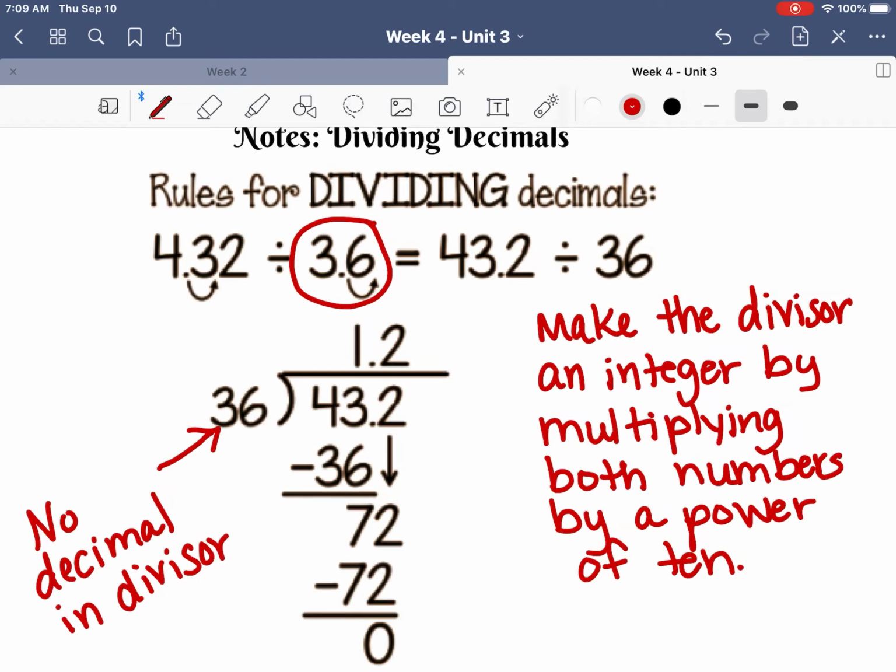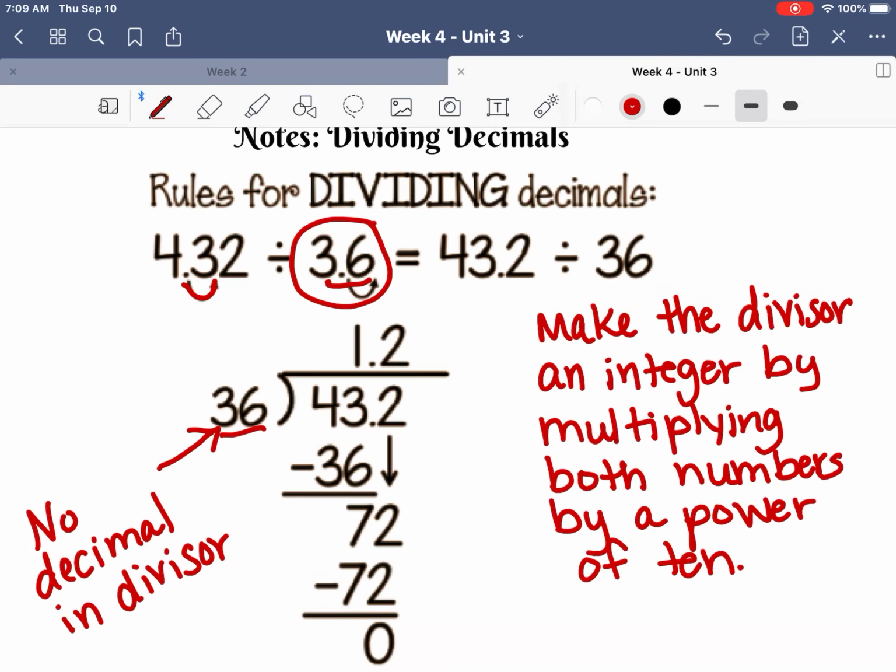Okay, so if you look at this example, 3 and 6 tenths has been changed to 36. 4 and 32 hundredths has been changed to 43 and 2 tenths. Now we put the dividend inside and the divisor outside, and the divisor is now a whole number and not a decimal.